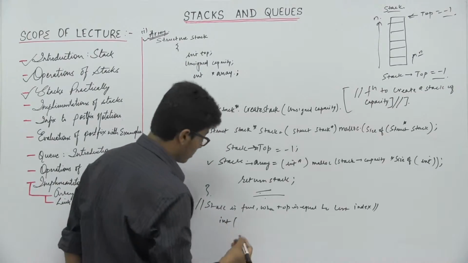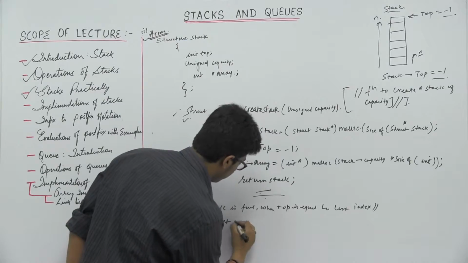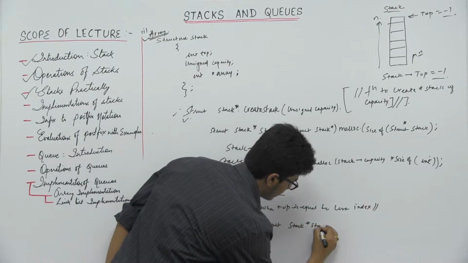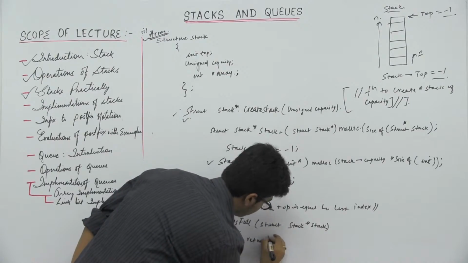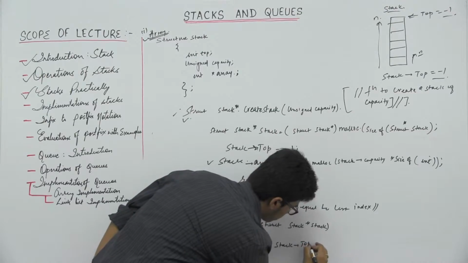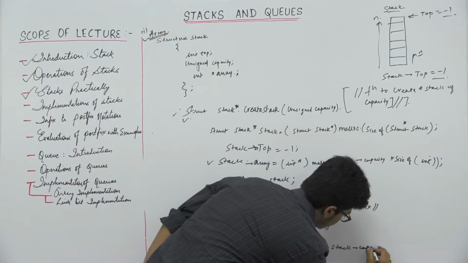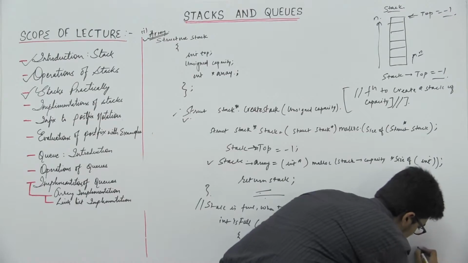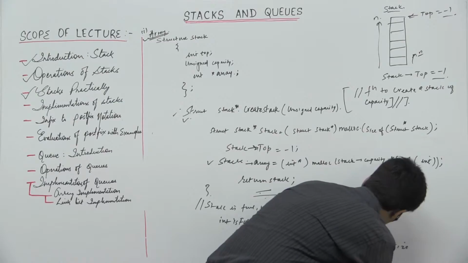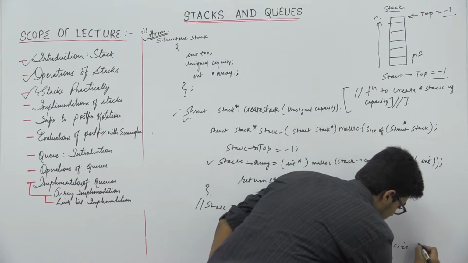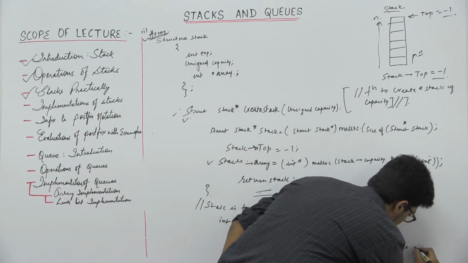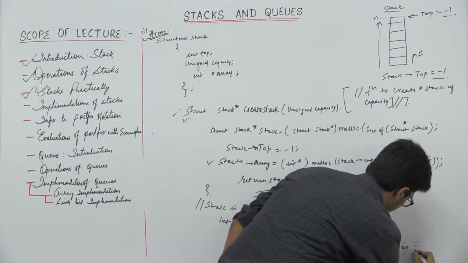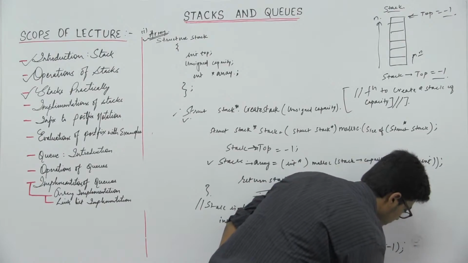So for checking this, we use int is full struct stack, return stack top is equal to stack of capacity minus 1. So this is the final way to process it.